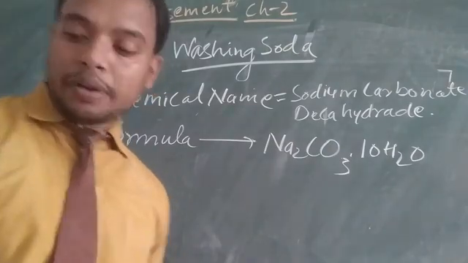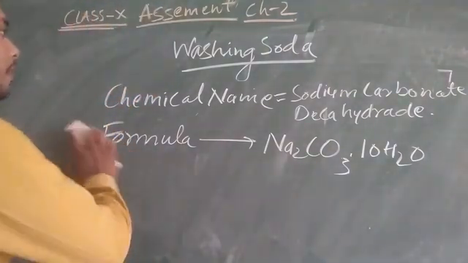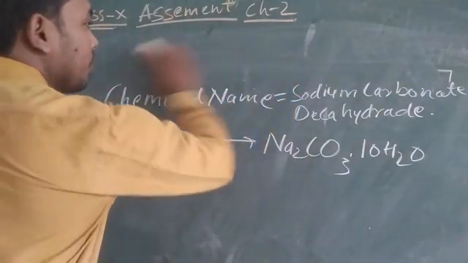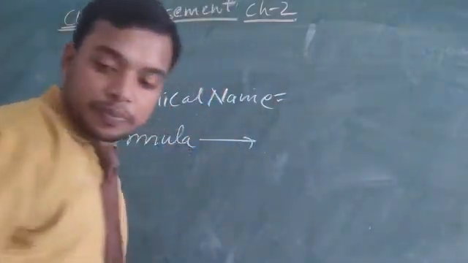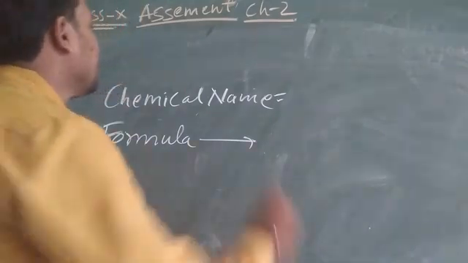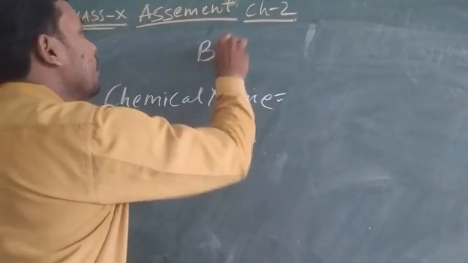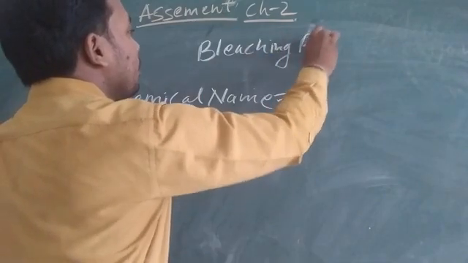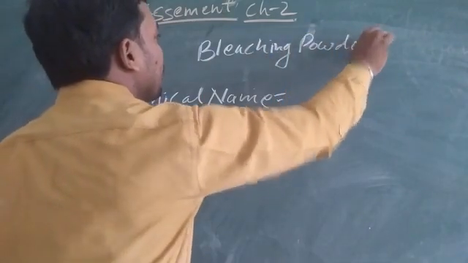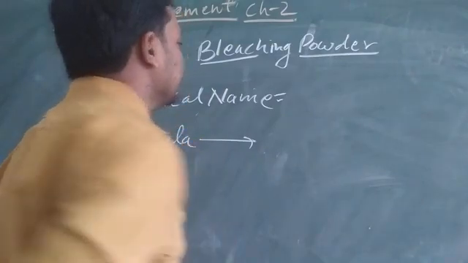So now the next question: what is the formula and chemical name of bleaching powder? Bleaching powder.